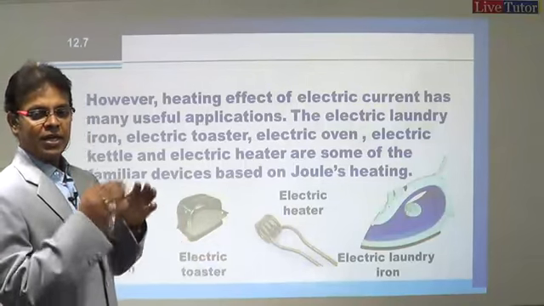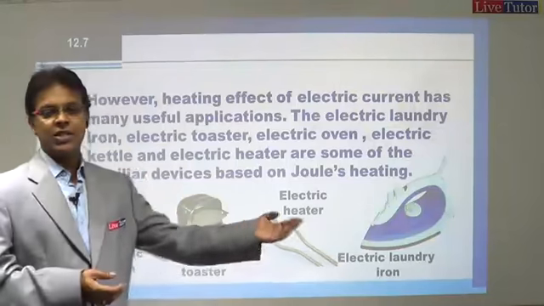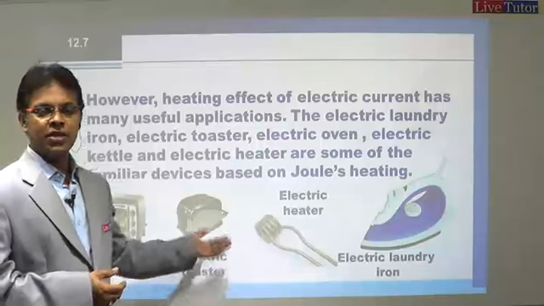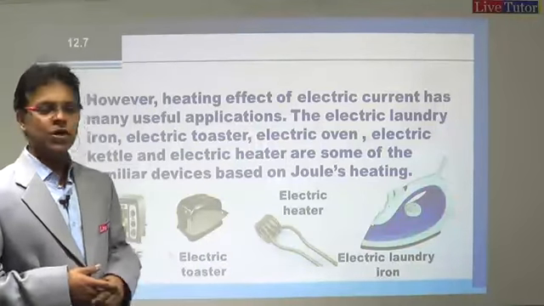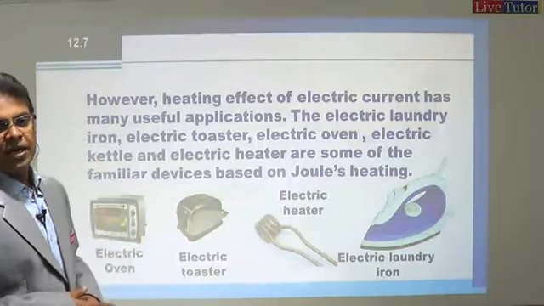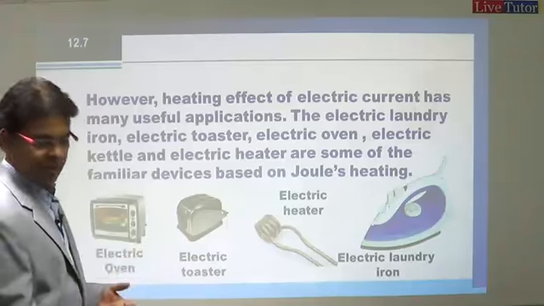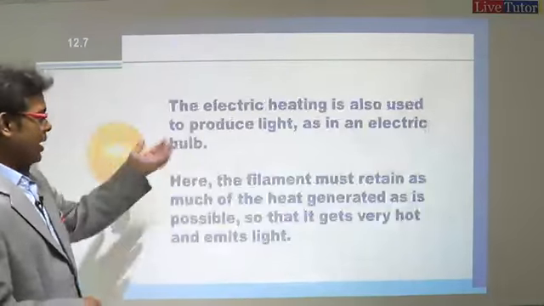If Joule's law of heating was not found out, we cannot enjoy all these things nowadays. In winter season, we cannot use this heater. We cannot make our dresses very neat by using this iron box. It's all because of the great discovery by Joule, so that we are converting the destructive into constructive, right?